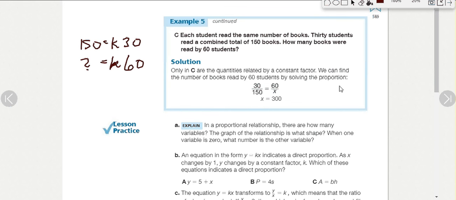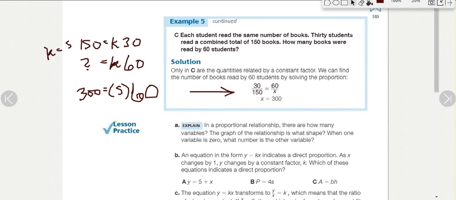Right? So you find out the constant is 5, which means 60 students would read 300. You can set it up that way, or you can do a proportion like this one.